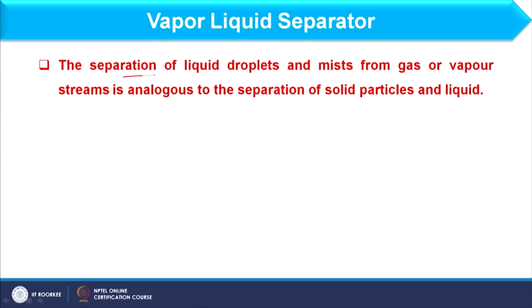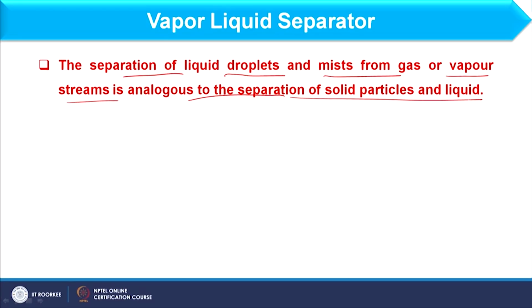The separation of liquid droplets and mist from gas or vapor streams is analogous to the separation of solid particles and liquid. What is the meaning of that? When the vapor liquid mixture enters the separator, what will happen?